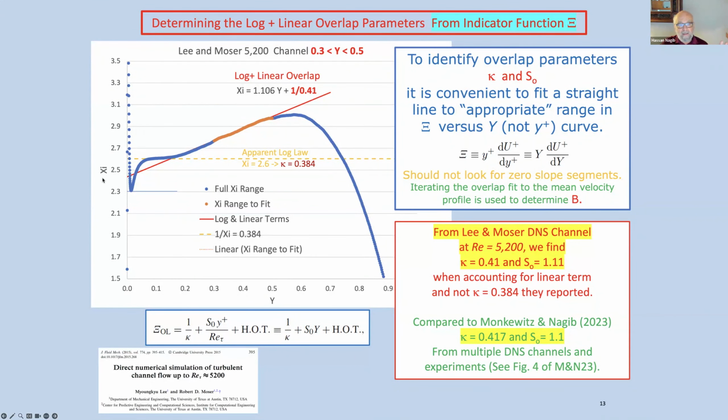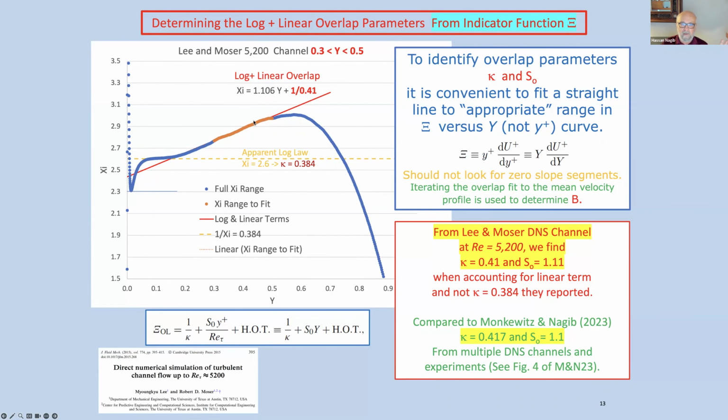So when you plot C here, again, I'm reminding you, if it is horizontal, then it's a log law. I remember when both of them contacted me, I said, hey, we got 0.384. I couldn't believe it. And then I responded, but based on our latest information, you shouldn't get 0.384.